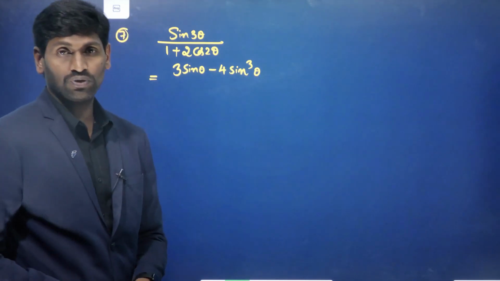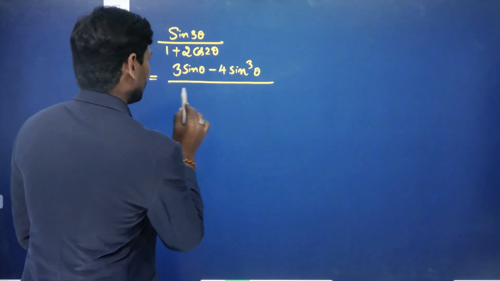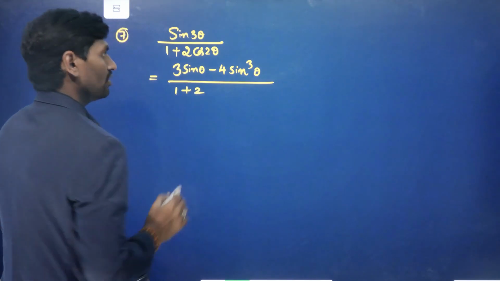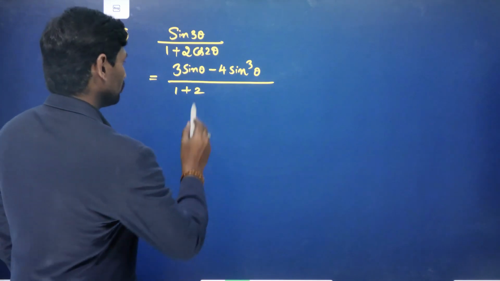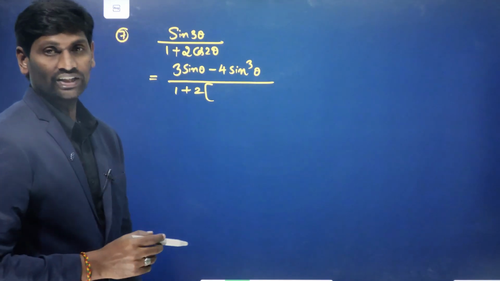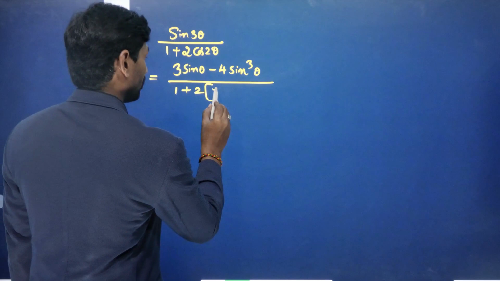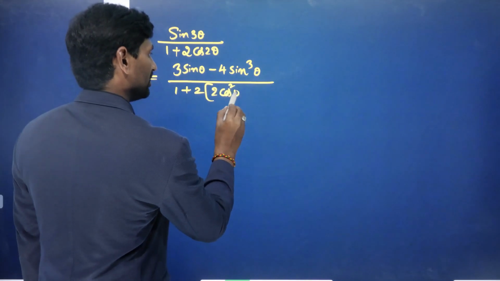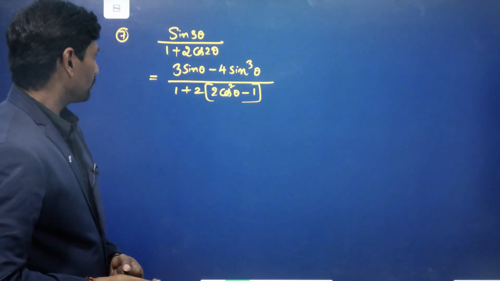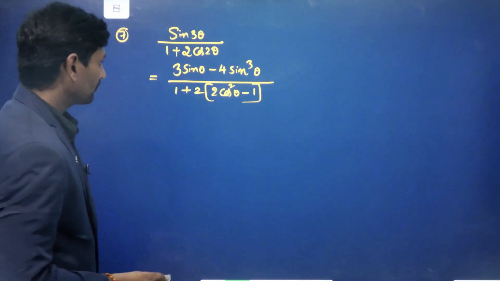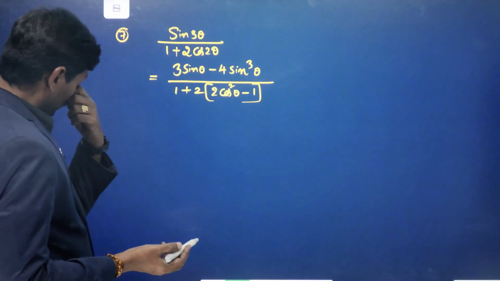And for 1 plus 2 cos 2 theta, the cos 2 theta formula we can write as 2 cos square theta minus 1, or 1 minus 2 sin square theta.